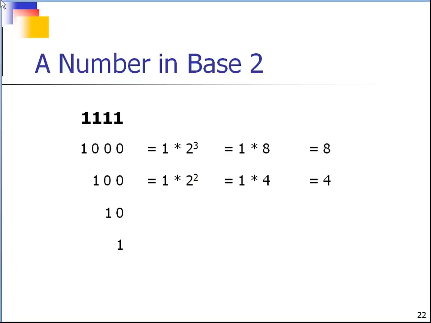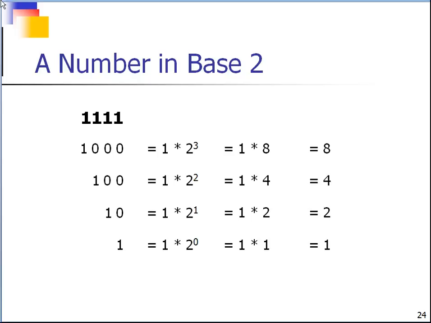And the next one is 2 squared. The third one is 2 to the first. And the fourth one is 2 to the 0th. Remember, 2 to the 0th would have to be equal to a 1. So again, in the second column, notice the exponents 3, 2, 1, 0 follows the same idea as base 10.